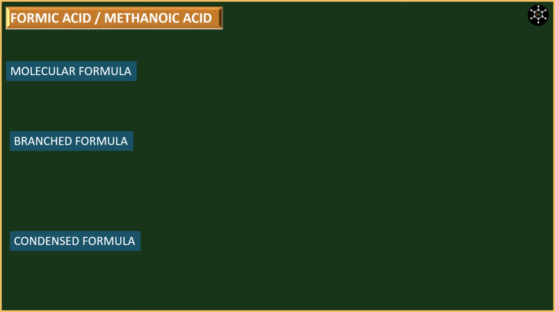Formic acid has 1 carbon atom, 2 hydrogen atoms and 2 oxygen atoms in it. So its molecular formula will be CH2O2. Branched formula indicates the connection between these atoms. There exists a double bond between carbon and oxygen and a single bond with another oxygen.